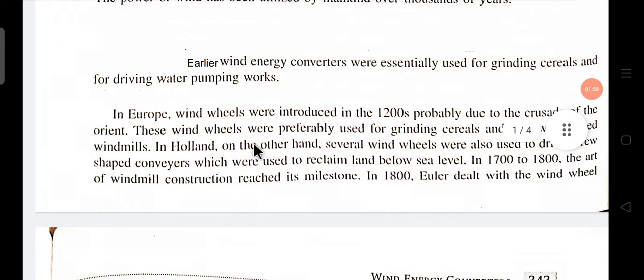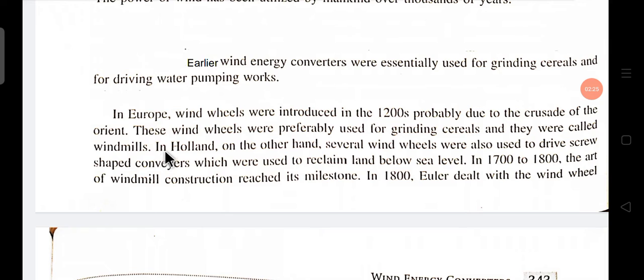In Europe, wind wheels were introduced in the 1200s, probably due to the Crusade of the Orient. These wind wheels were preferably used for grinding cereal, and they are called windmills.